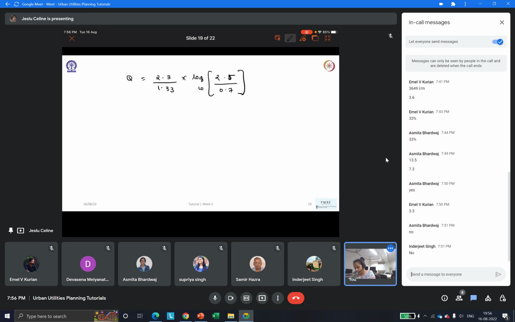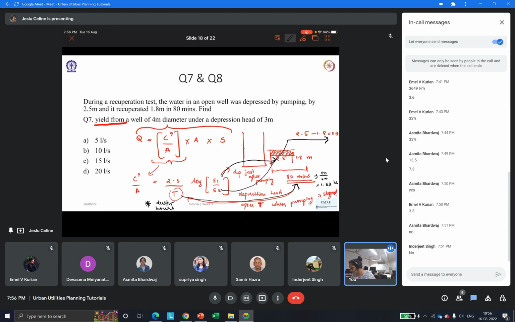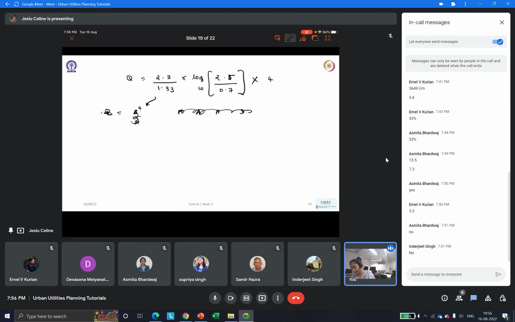Now going back, we'll have Q is equal to C dash by A, which is this, into the area and the depression head. Instead of writing this, I'm directly putting the area and depression head. Area, we already found that, right? So we can just put it from this one.